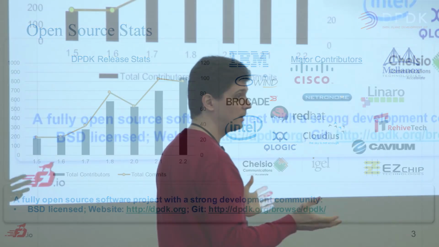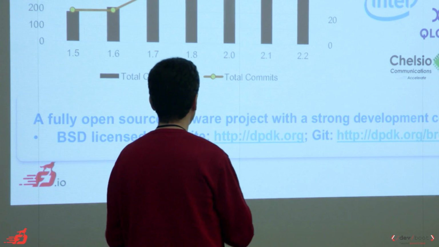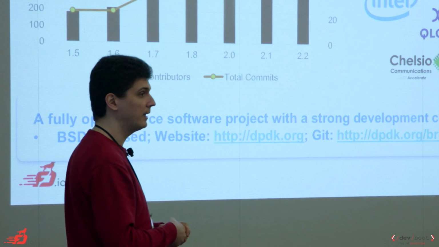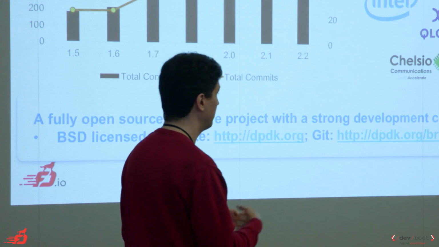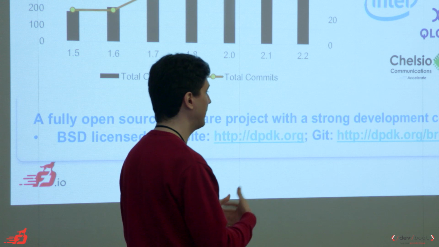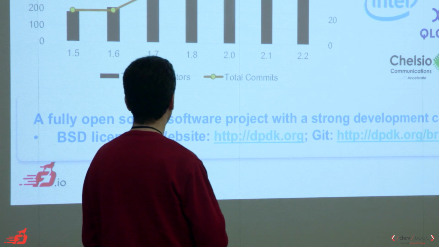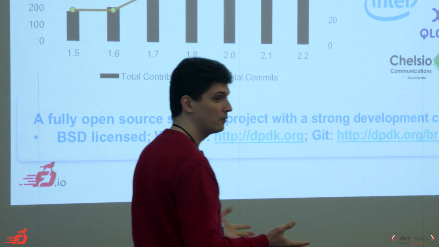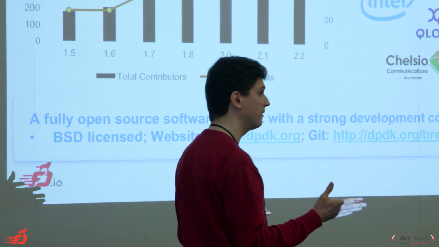Many of you in the room are part of one of those companies. You probably know that we have regular releases, and that includes source code, documentation, and so forth. It also comes with the validation cycle, of course. The number of committers is growing by the day. The community is growing, which means that the project is a very healthy project.